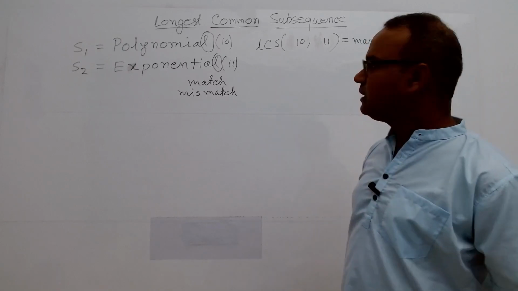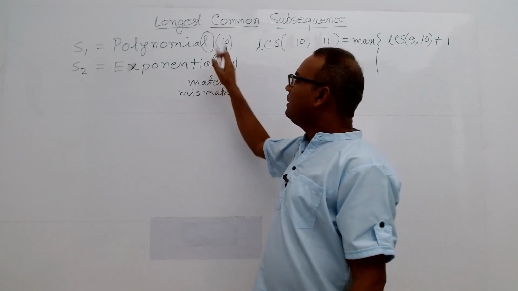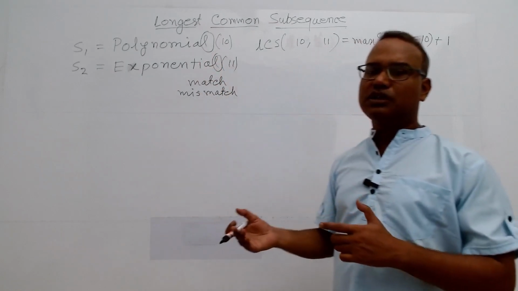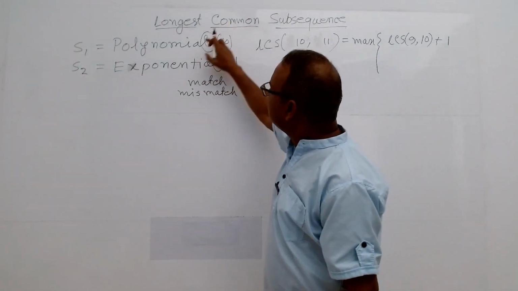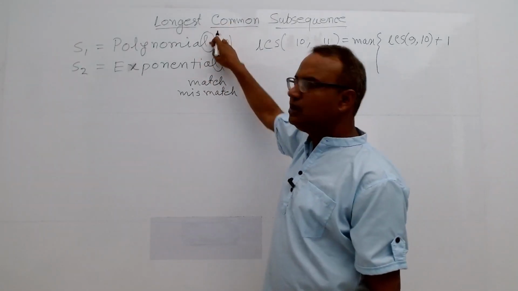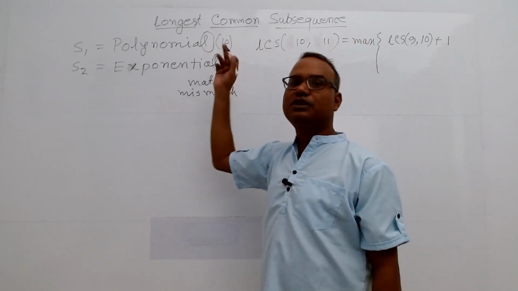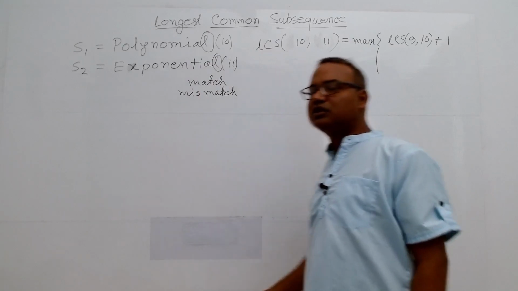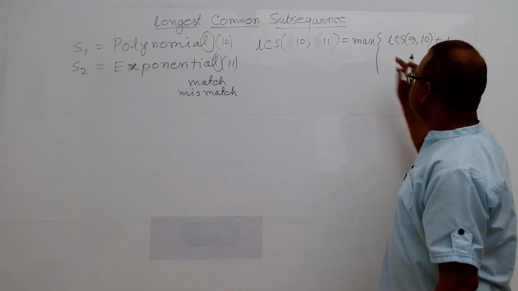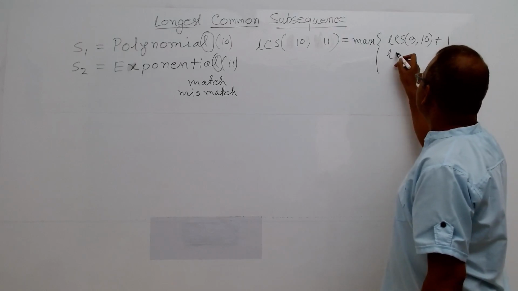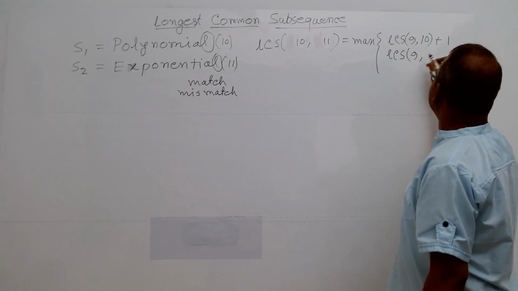What are the other options? If it is a mismatch, then we can compute the longest common subsequence in two ways. First option, we can chop one character from the first string, or we can chop one character from the second string. We don't know which option will give us the longest common subsequence, so I will consider both options and take the max. So I am writing here LCS of 9, 11.